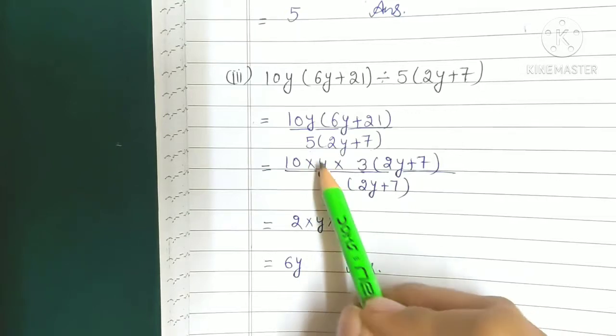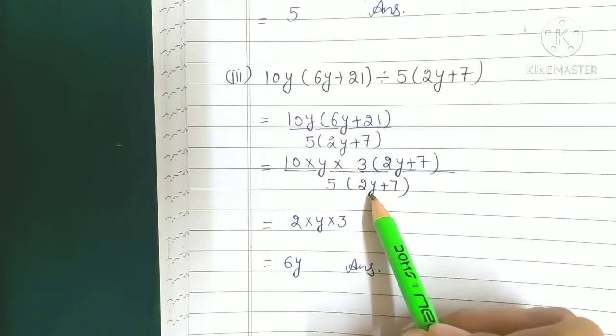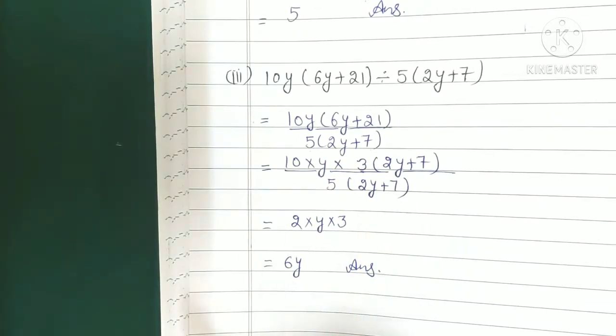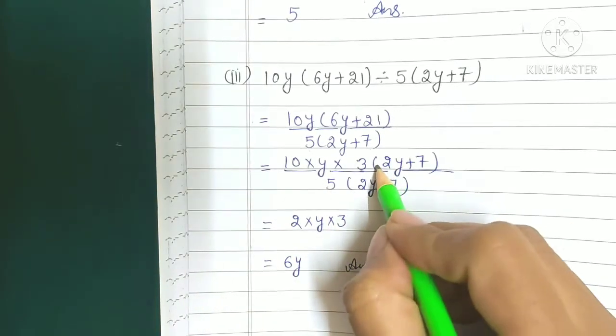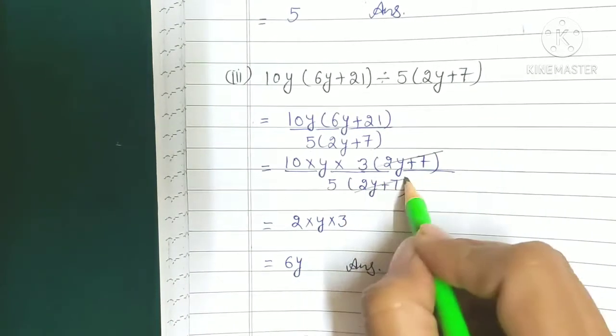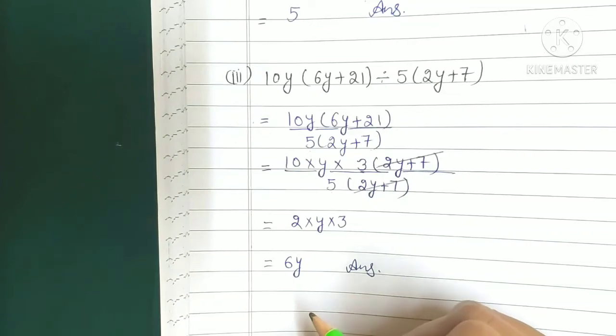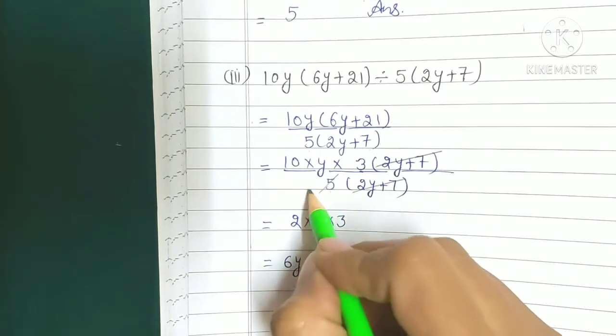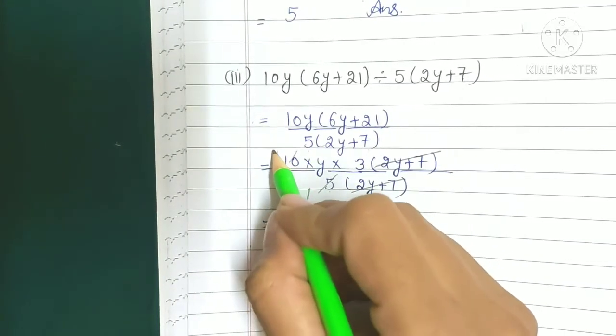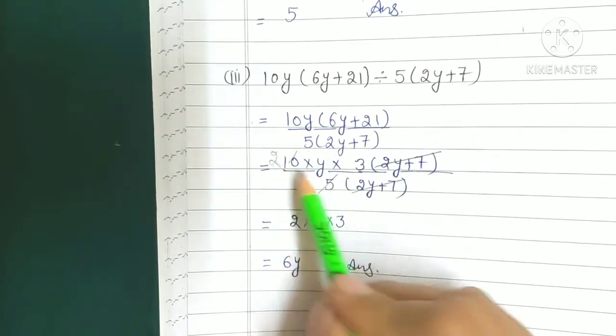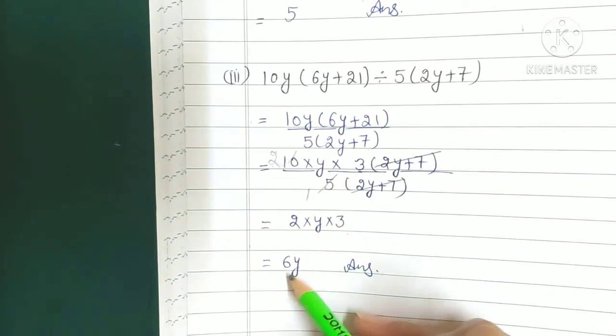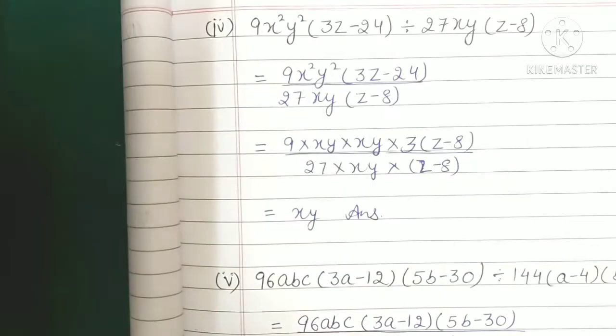And in the denominator, we have 5 (2y plus 7). We can see 2y plus 7 is a factor in numerator and denominator, so this factor will be cancelled. 5 ones are 5, 5 twos are 10. So what is left? 2 multiply 3 multiply y, that is 6y.